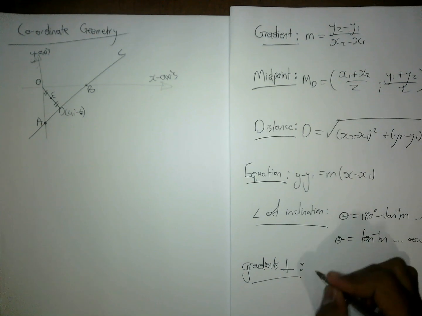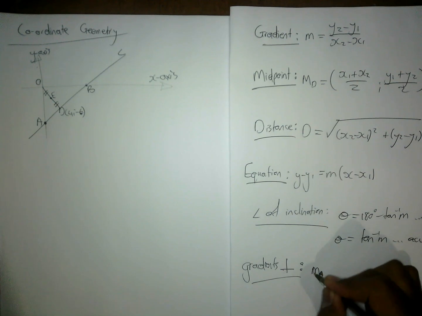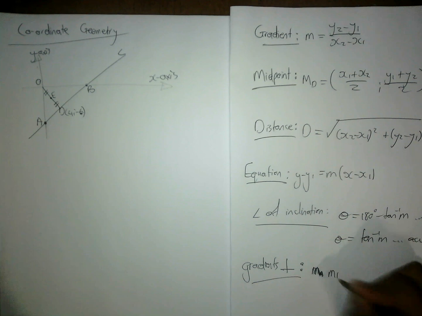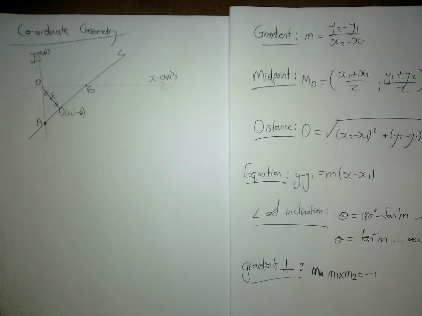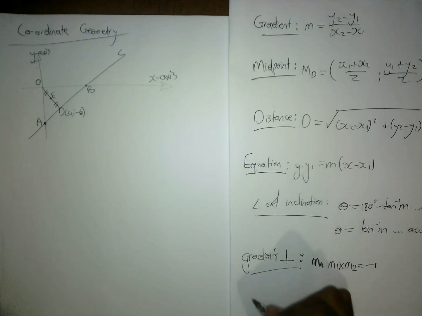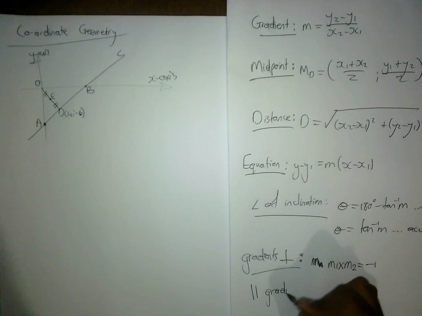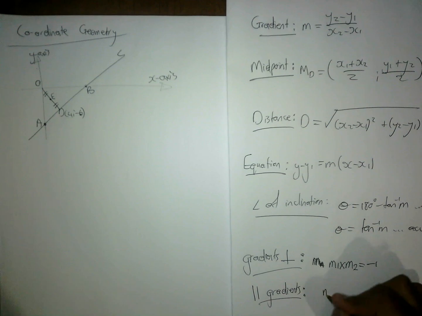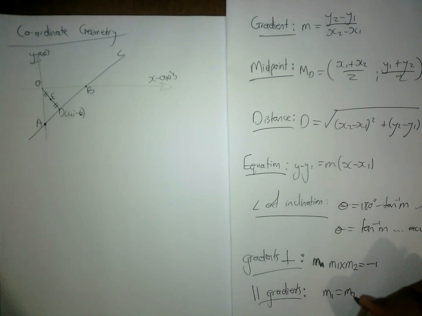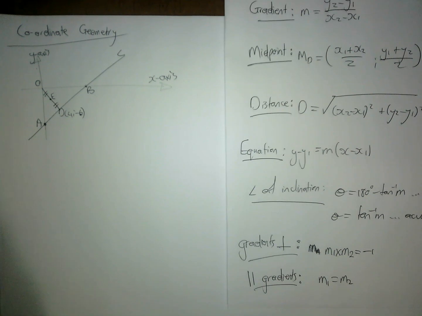The formula is, let's say it like this, M1 times M2 equals -1. And then for parallel gradients, M1 equals M2. Okay, we'll get to that.